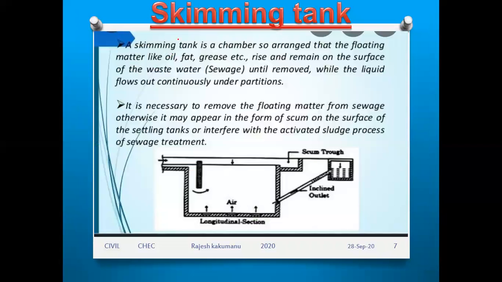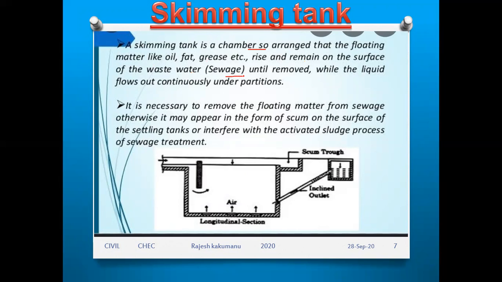Here is the skimming tank. The skimming tank is a chamber so arranged that floating matter like oil, grease, waste, and some oils from machines, which come out in the form of a thin layer on the top surface of the water, rise and remain on the surface of the wastewater until removed, while the liquid flows out continuously under partitions.